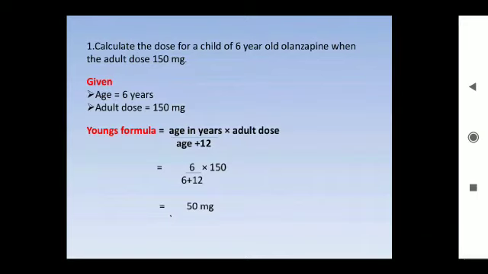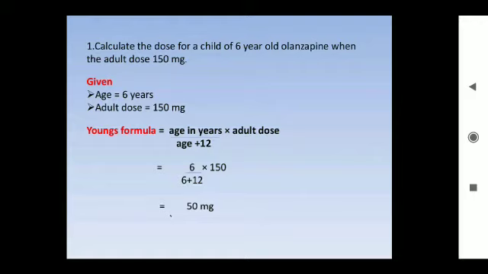First problem. Example: calculate the dose for a child of 6 years old for olanzapine when the adult dose is 150 mg. The child's age is 6 years, the drug is olanzapine, and the average adult dose is 150 mg.